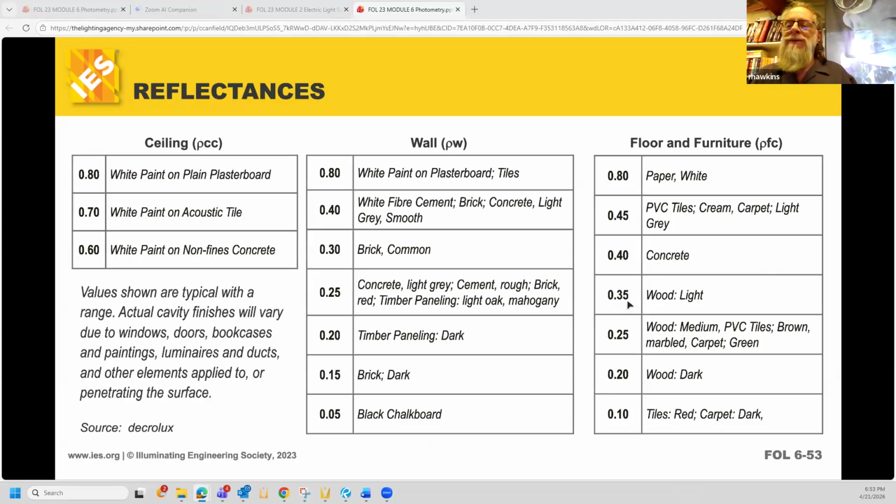Ceiling tiles are 80. So most of our calculations for things in commercial spaces involve ceiling tiles and whatnot. So you've got an 80% ceiling. You get into wood and the light wood is 35%. So if you want to bounce light off that, it's going to take you 2.5 times the amount of energy to bounce light off of a 35% ceiling than an 80.